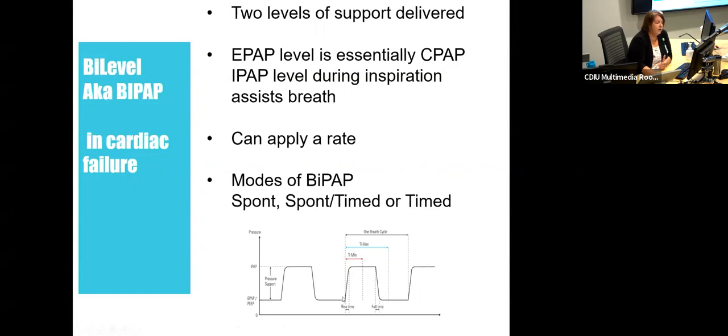This is useful when your primary pathology would be a lung disease, because this is going to assist your ventilation. So it's going to overcome your oxygen or add to your CO2 clearance by helping and assisting your ventilation.